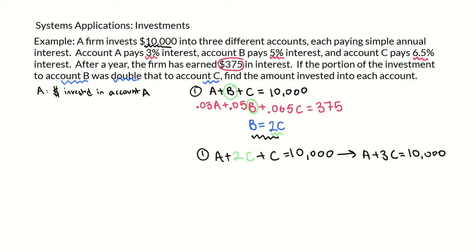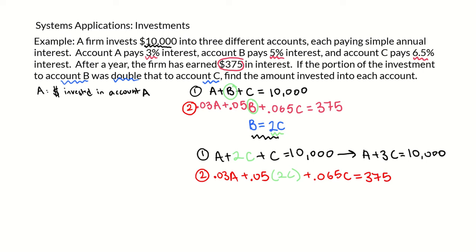Okay, and then doing the same in the second equation, we can replace B with 2C, so that would be 0.03A plus 0.05 times 2C plus 0.065C equals 375.